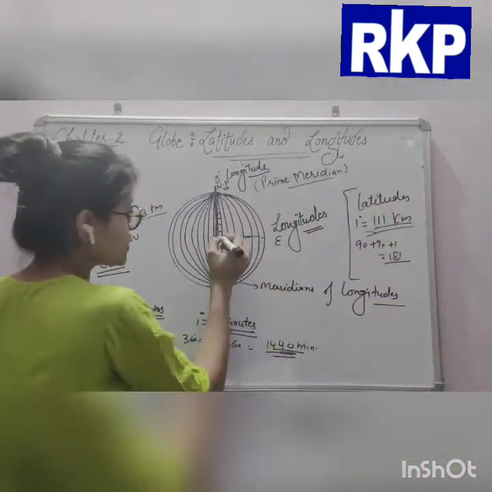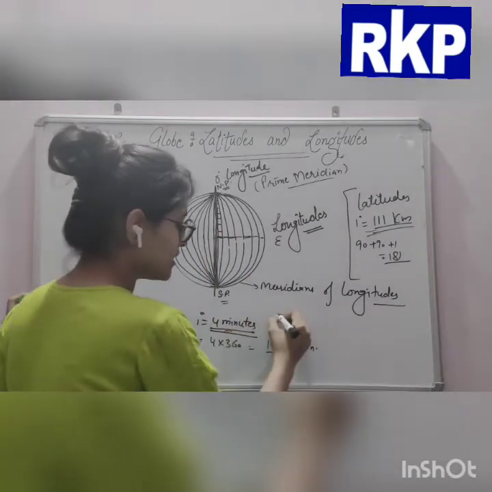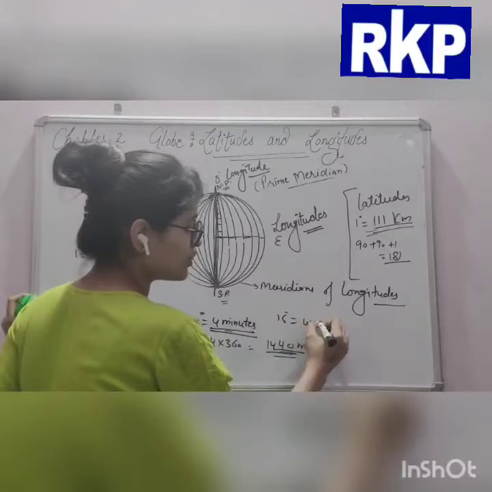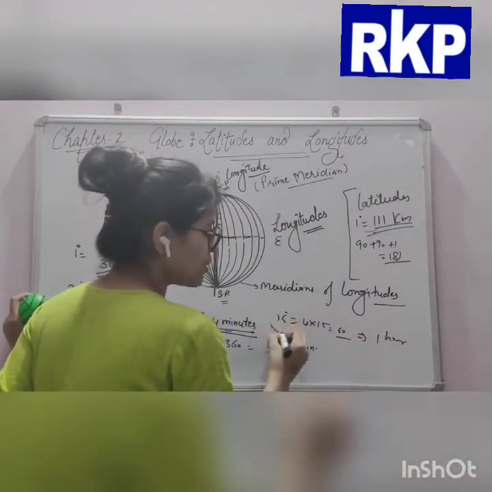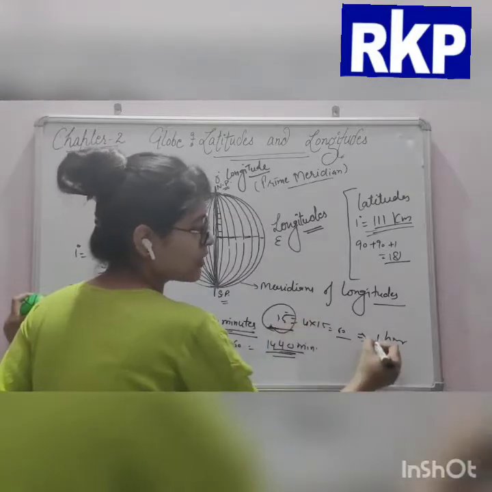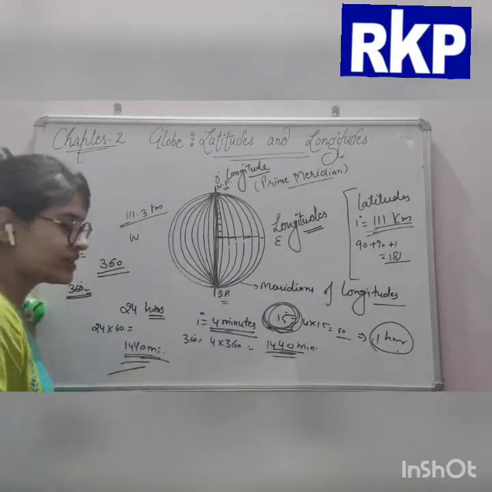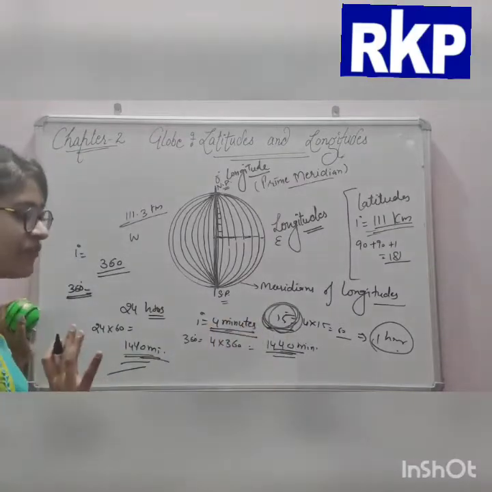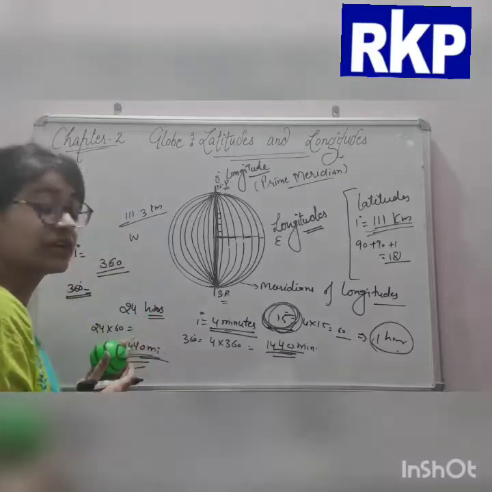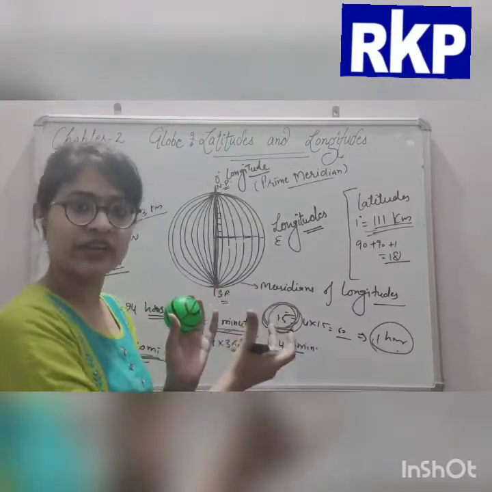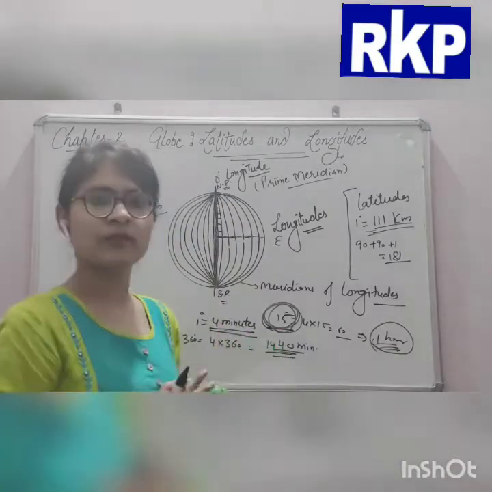So 1 degree is equal to 4 minutes, or we can say that 15 degree is equal to 60 minutes, that is, 1 hour. So our Earth rotates 15 degrees in 1 hour. If it has completed its rotation at an angle of 15 degree, it means that 1 hour is completed.